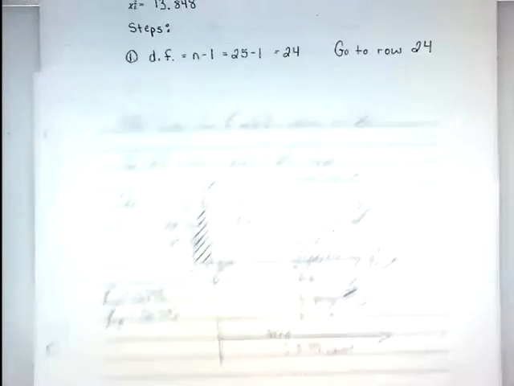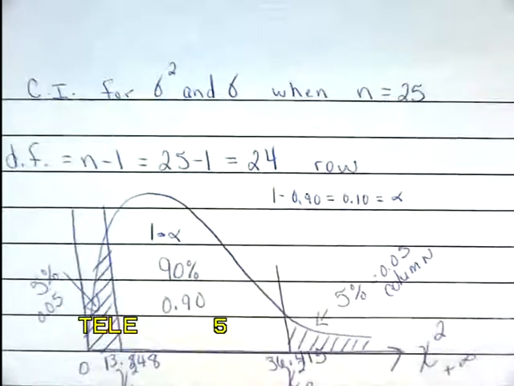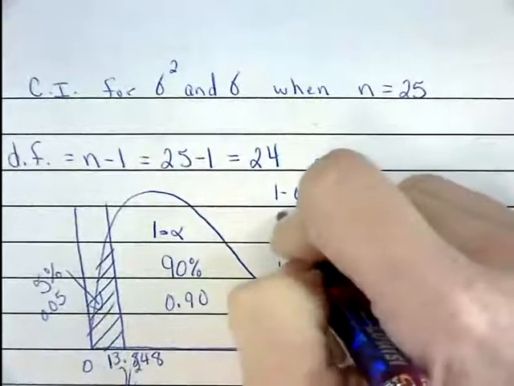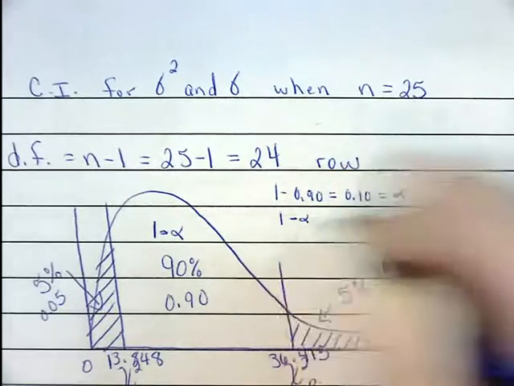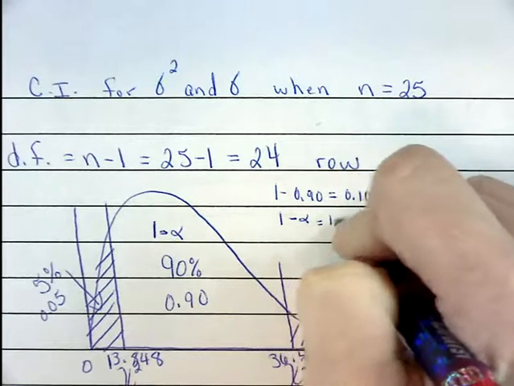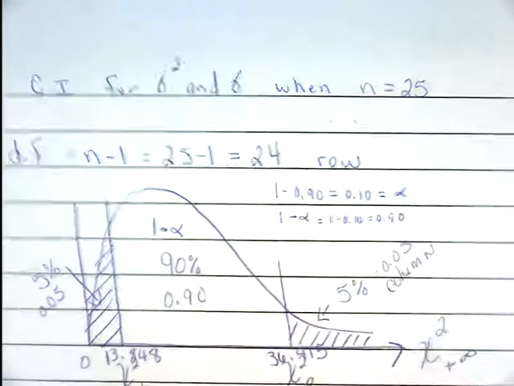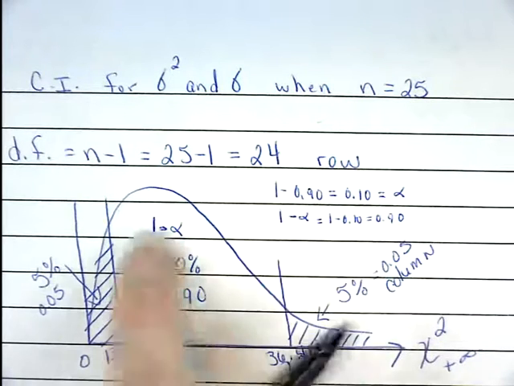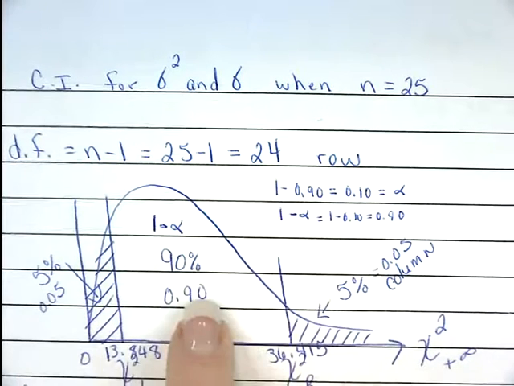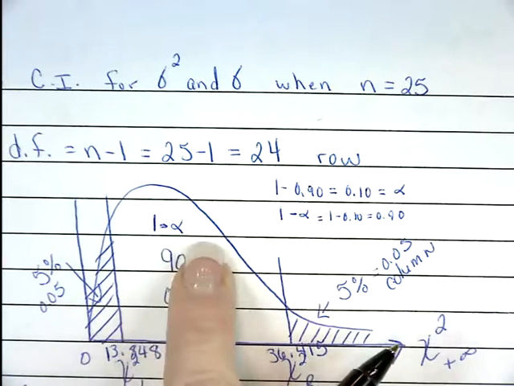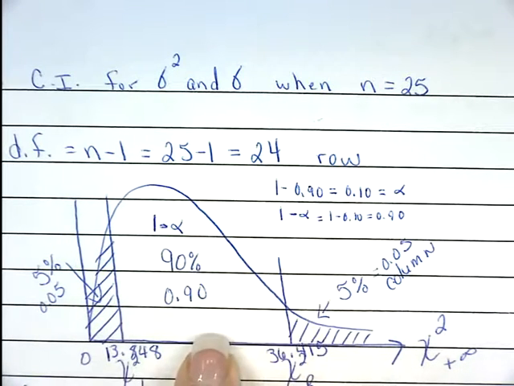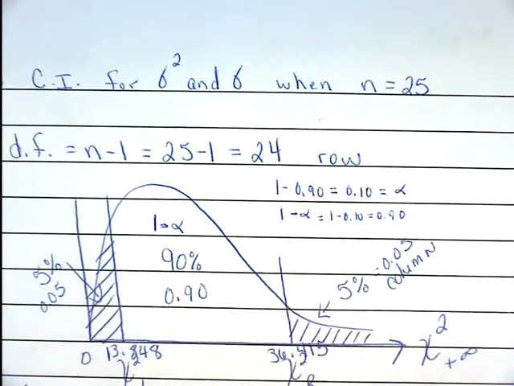It is also true that 1 minus alpha, which is 1 minus my 10%, is my 90%, my degree of confidence. So this unshaded area is the given degree of confidence, also 1 minus alpha. And alpha is 1 minus the degree of confidence.